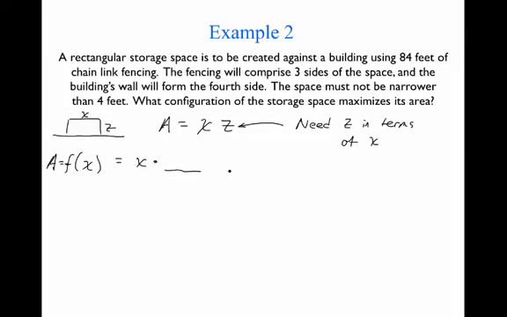And that something is Z in terms of X. So where's that going to come from? Okay, well that's going to come from the fact that the total length of fence is 84.